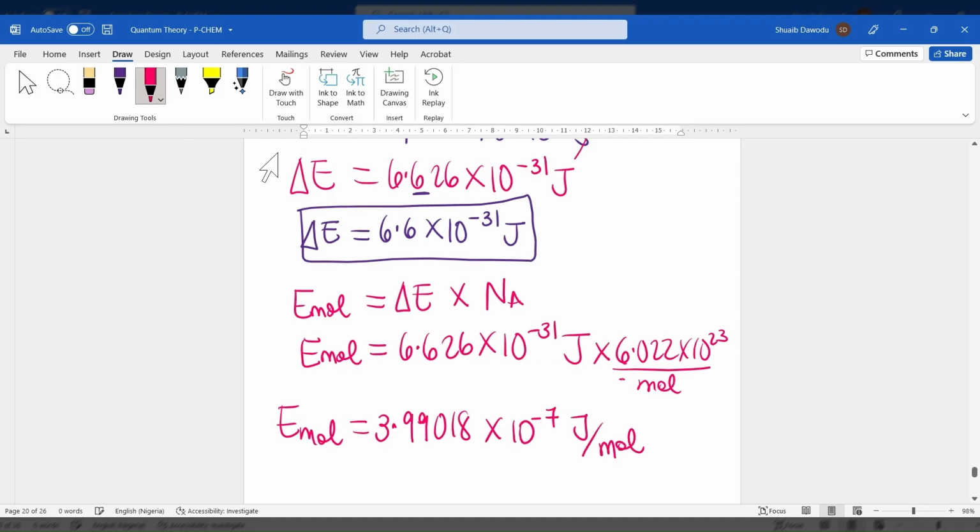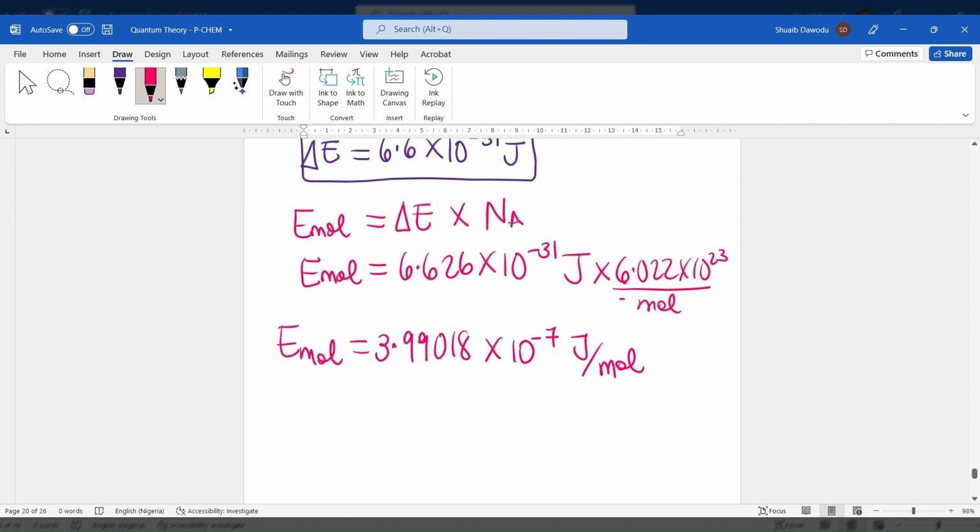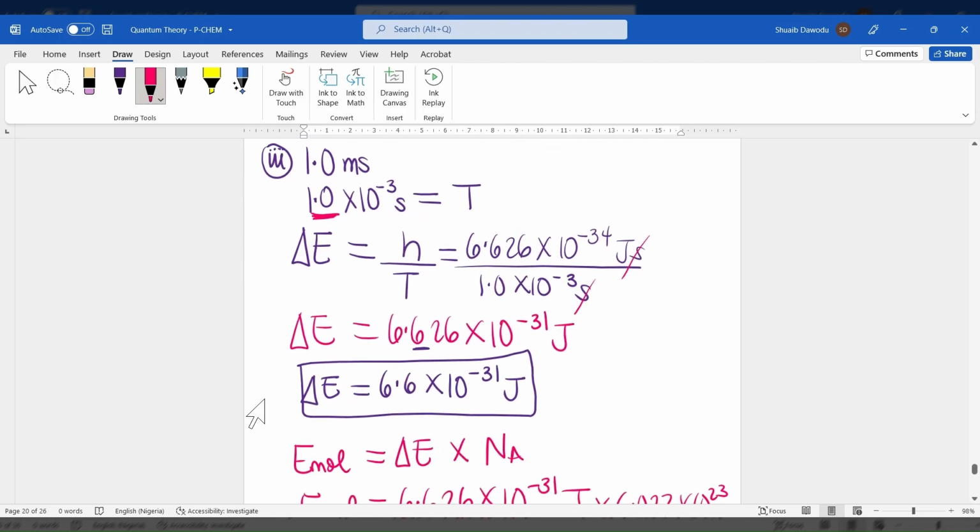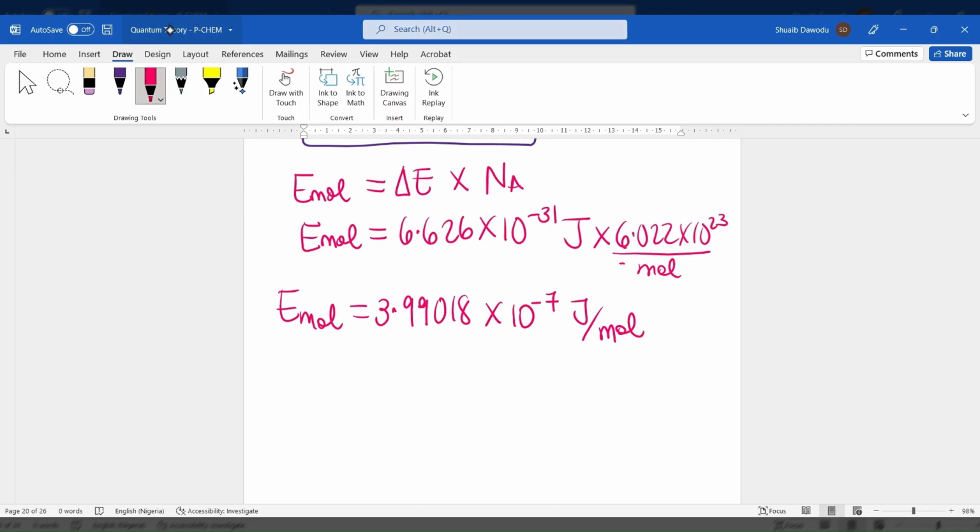Now again, we already know we've got to approximate in the proper number of sig figs. And we see that in this question, we're dealing with a two sig figs initial value, 1.0 ms. So we're just going to round to two sig figs. And when we do that, we end up with E mole is equal to 4.0 times 10 to the power of negative 7 joule per mole.